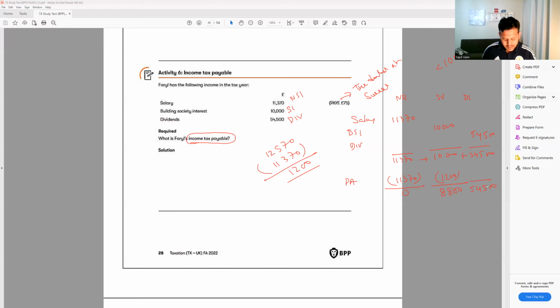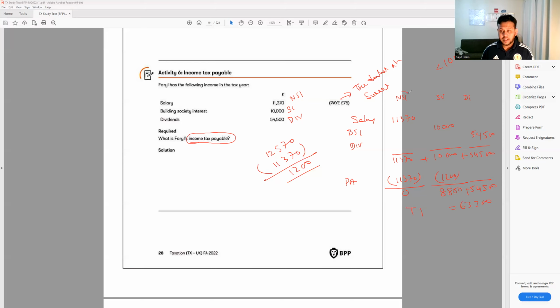If we total these two, 8,800 plus 54,500, that will give me 63,300. So that's my taxable income. On this taxable income, I'm going to calculate the tax. All right. Now, before we start, we need to remember a few things.